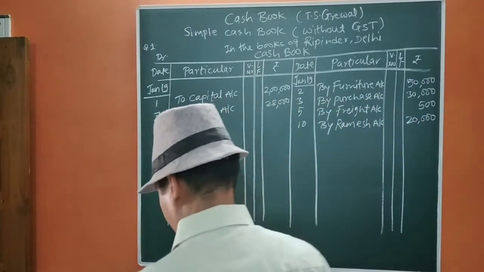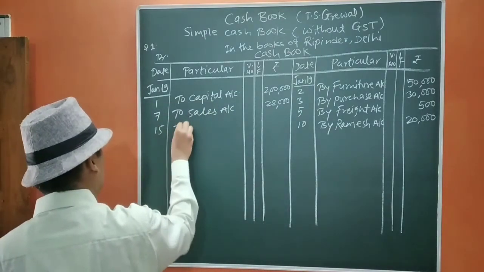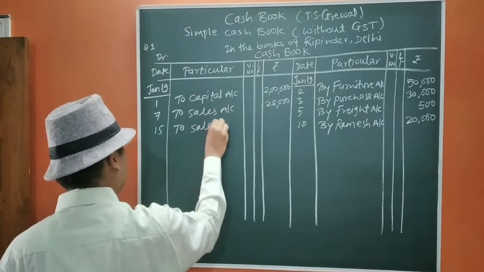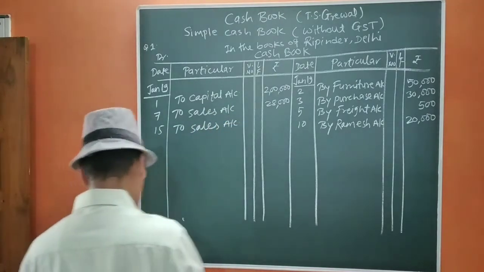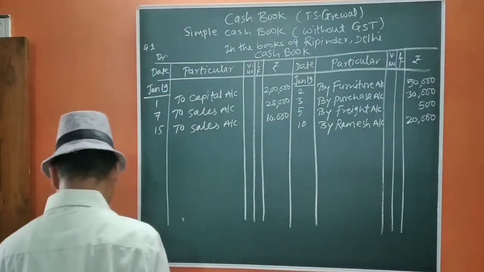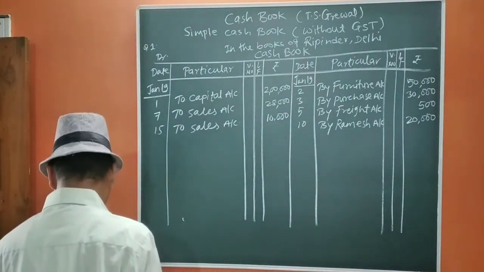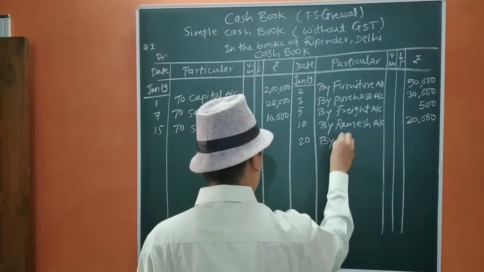Then next, sold goods for cash 15. Again to sales account. The amount is 10,000. Okay. Then paid wages on 20. So by wages account.